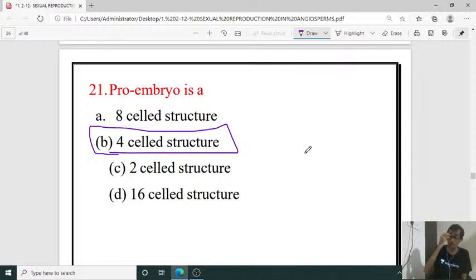From the animal point of view, in human beings and mammals, the initial embryo is 8-celled, sometimes 8 to 16 celled, depending. So Shishika, B is the right answer for the 21st.